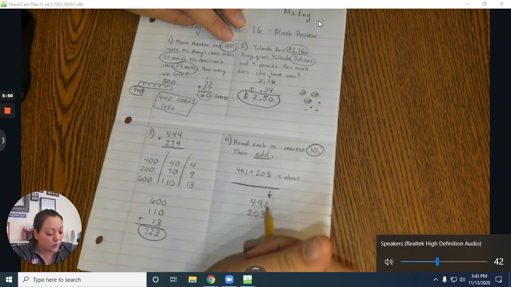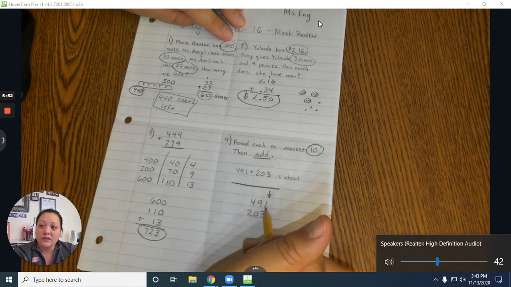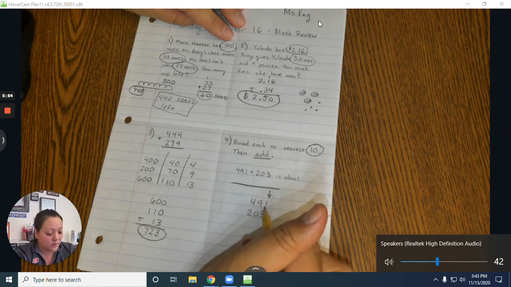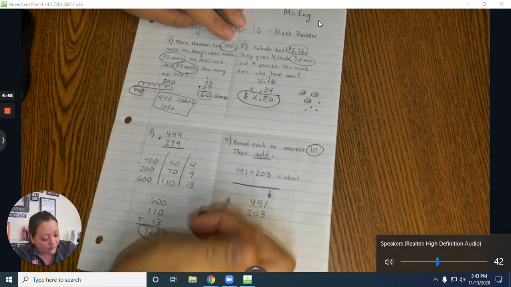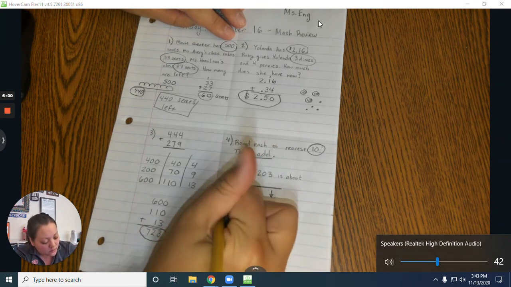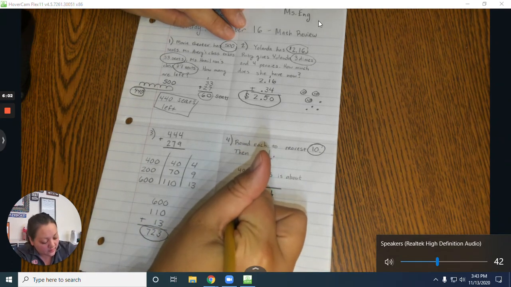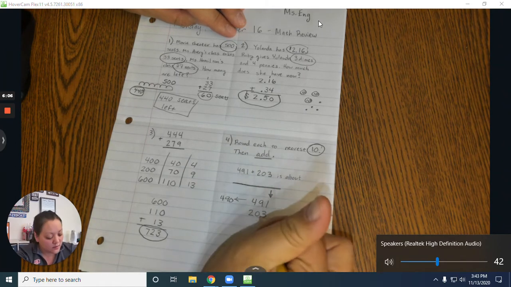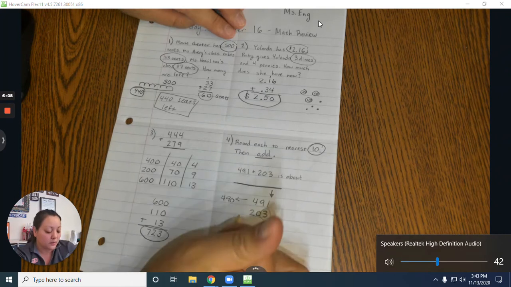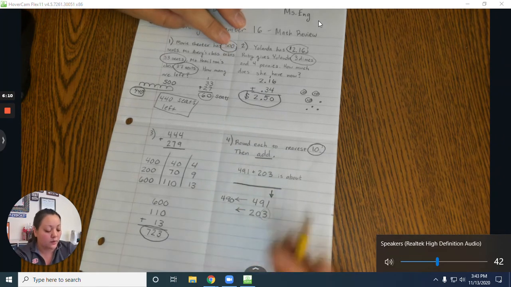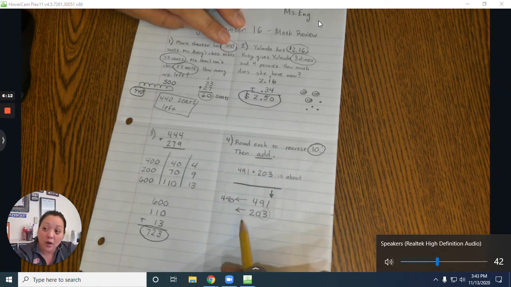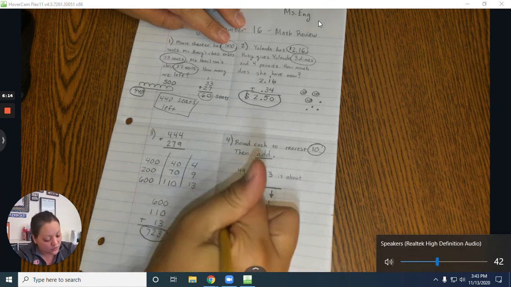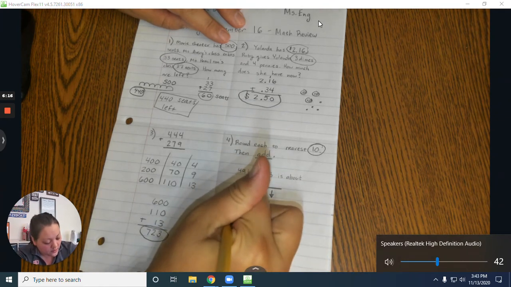If it's 5 and above, give it a shove, meaning we would round up. But since it's below 5, we're going to round down to 490. And then 203, the 3 is the important number. We are going to round down because it's below 5 to 200.